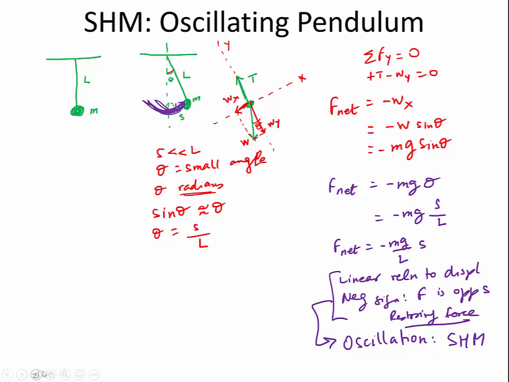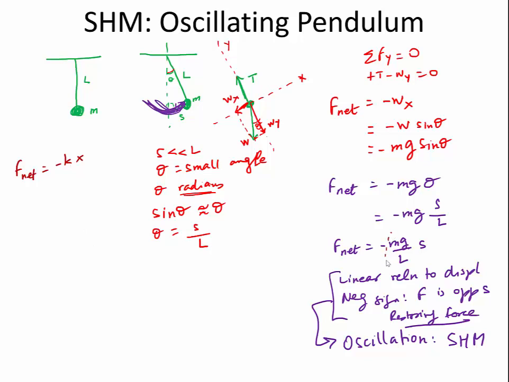So now we've seen the basics of the physics of how this works. We can now take a look at the analogy of what this looks like for the spring. In the case of the spring, my net force was minus k times x, where x was the displacement. In this case, S is the displacement, and this mg over L looks like the k.